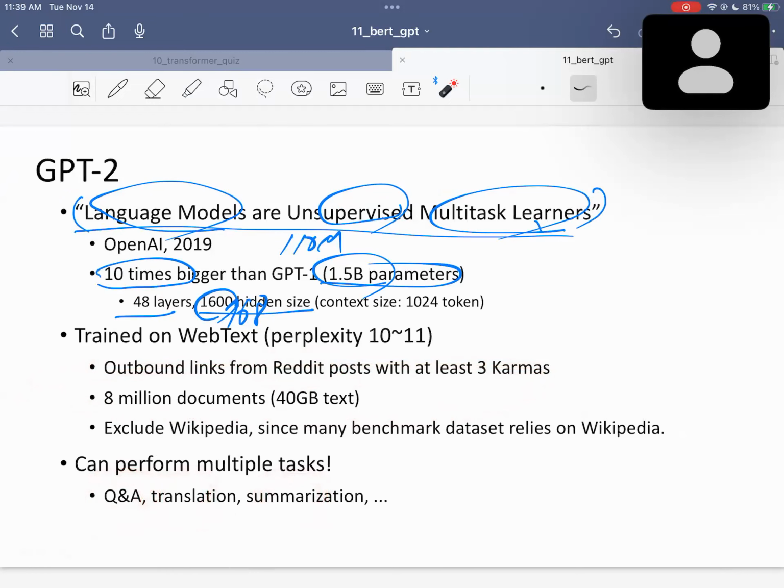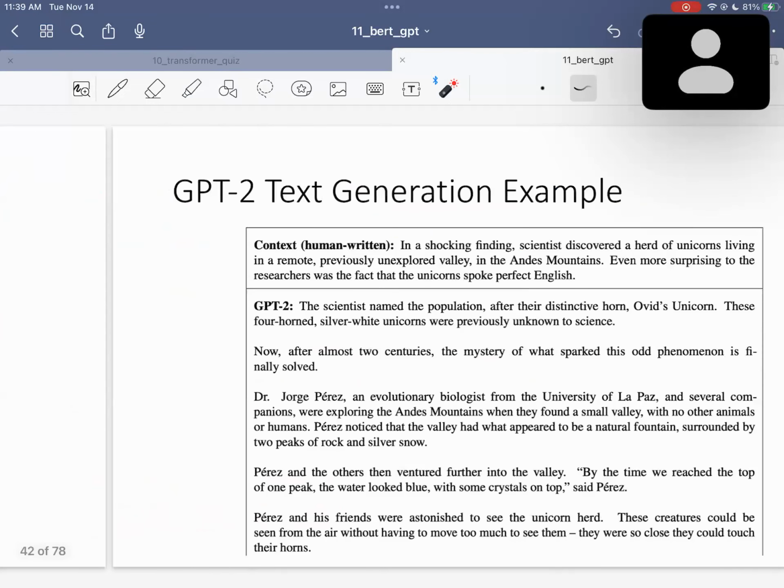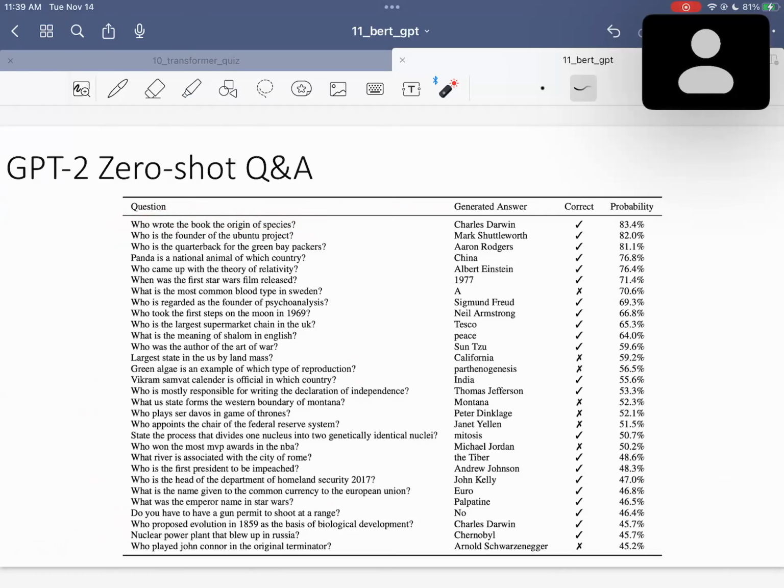It was never trained to do any of those, but still, given the right context or right input, it could give you the right answer, because it follows the context very, very strictly. And sometimes it gets it wrong. Sometimes, you see here, who played John Connor in the original Terminator? The name of the actor who played this role is, I forgot the name, the young boy actor who looked really handsome, right?